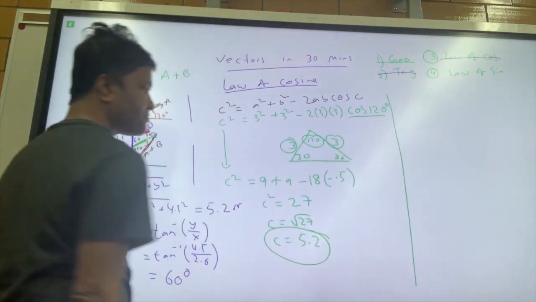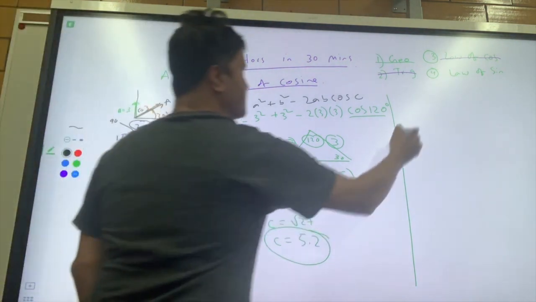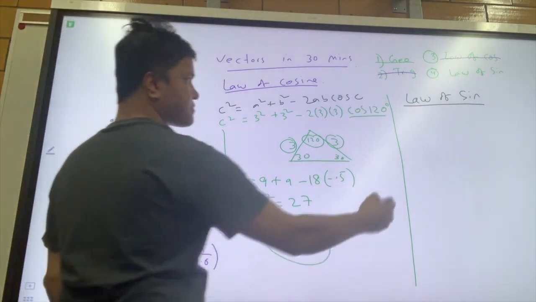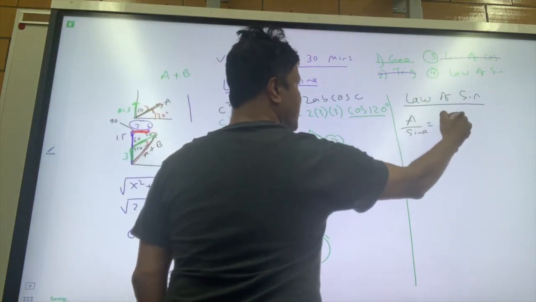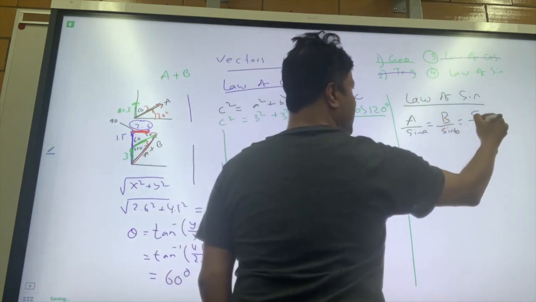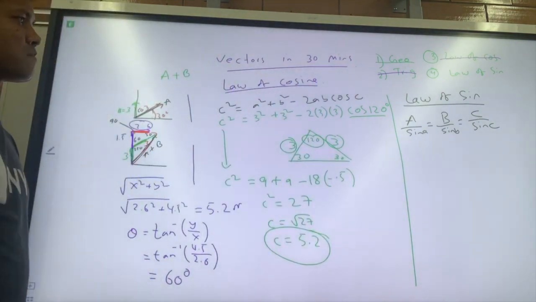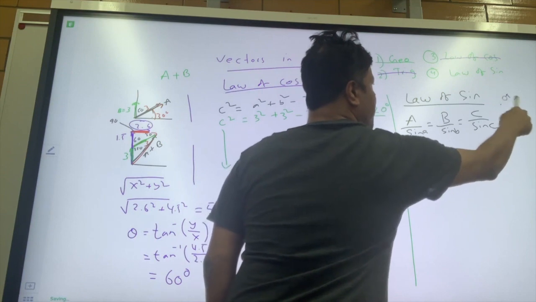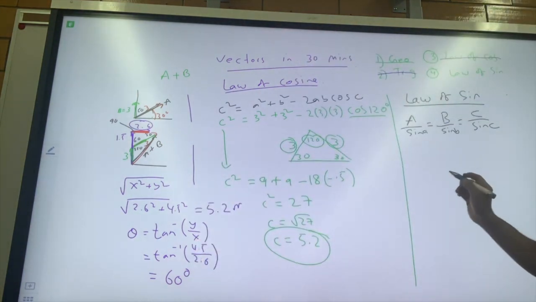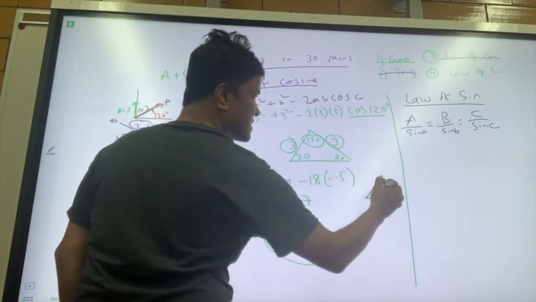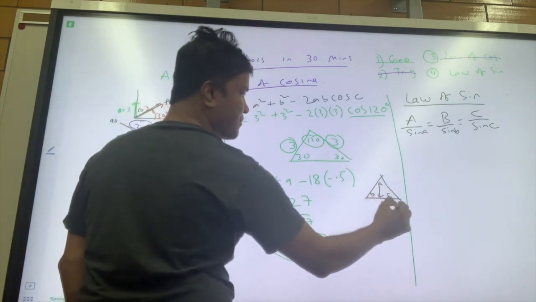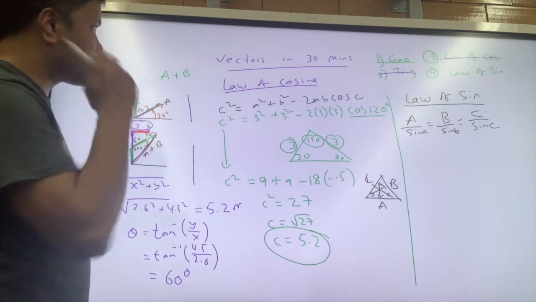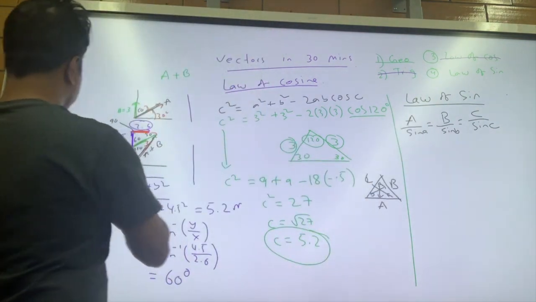Now we're going to do it by law of sine. So law of sine said a over sine A is equal to b over sine B is equal to c over sine C. If you have a triangle, this is A, this is B, this is C, then this must be big A, this must be big B, this must be big C. Okay, so to solve this problem, we want only 2.